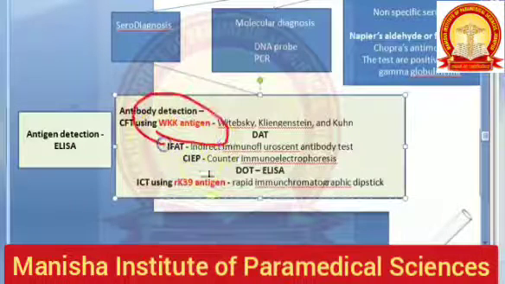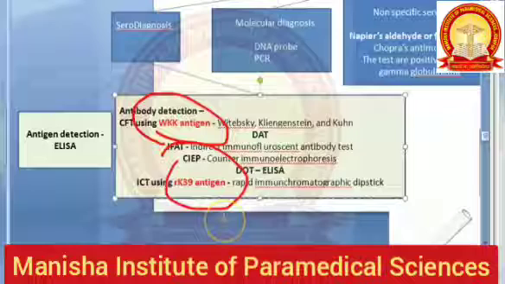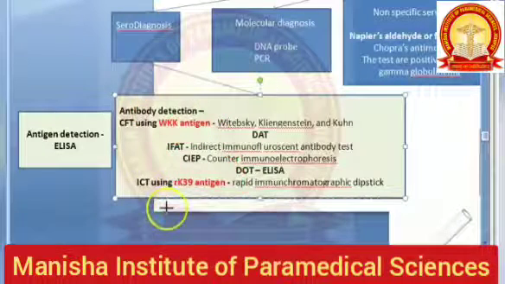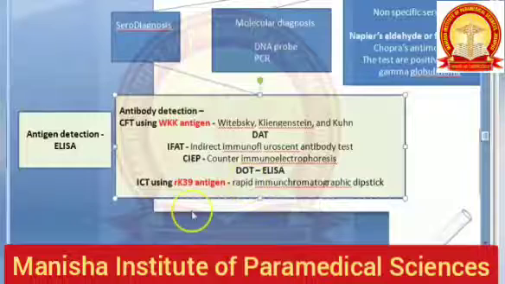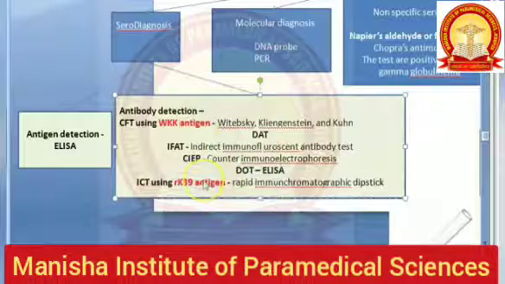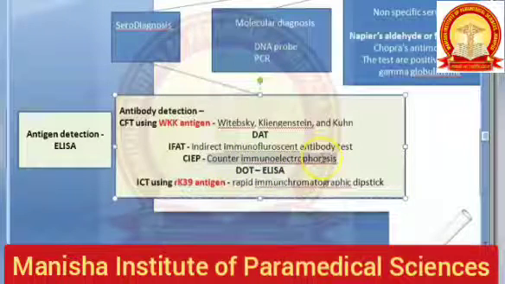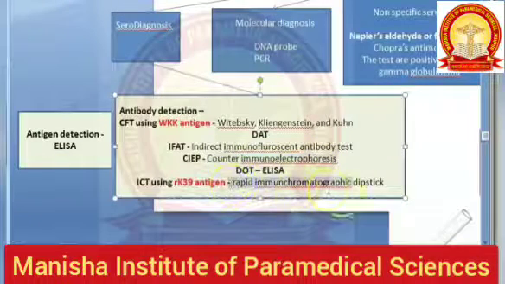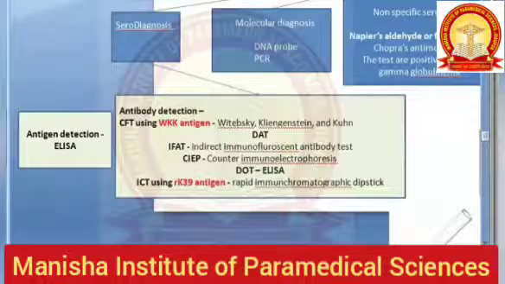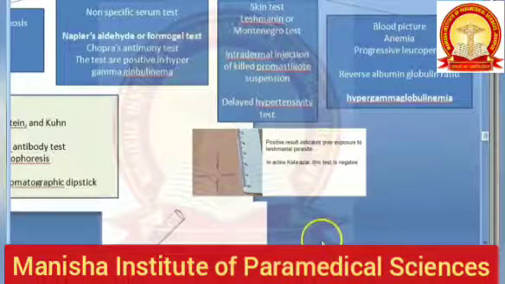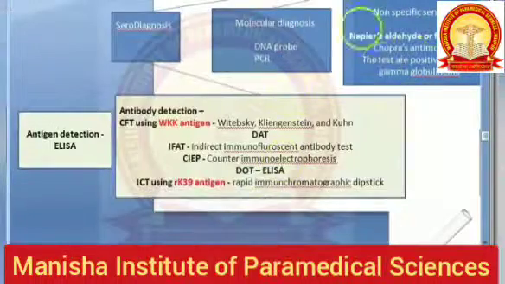At least remember the antigen names here. WKK antigen, RK39 antigen. What are the tests? Complement fixation test, dot ELISA, indirect immunofluorescent antibody, counter immunoelectrophoresis, immunochromatographic dipstick.